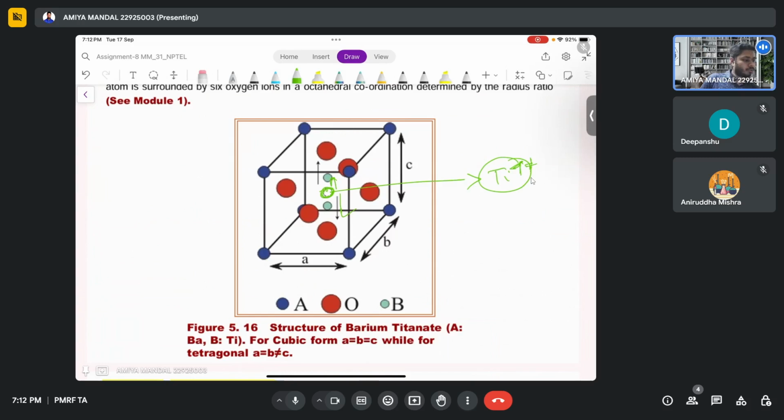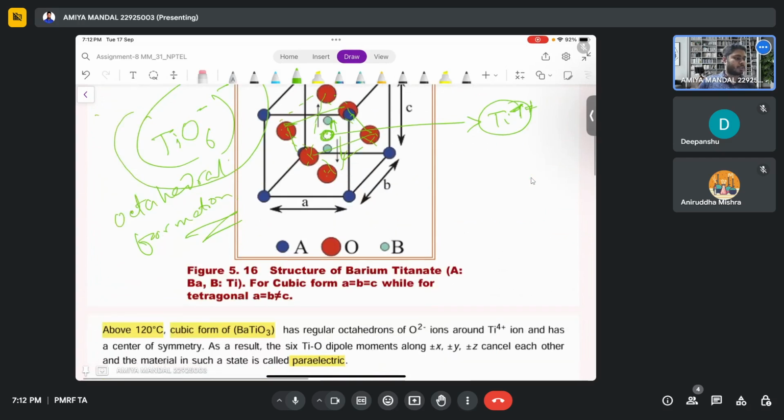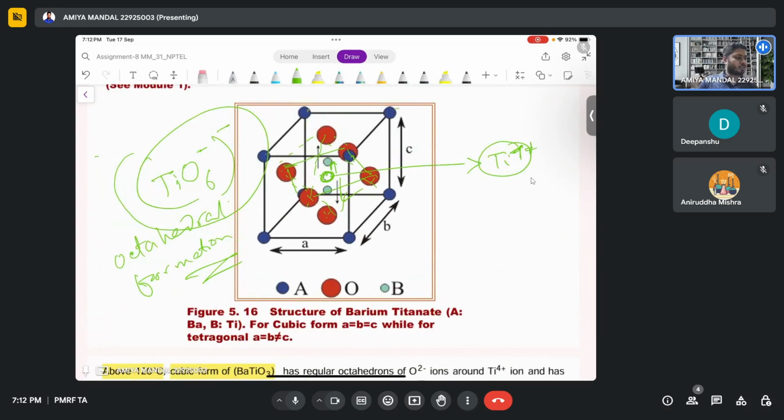So it mainly forms a tetragonal structure, with a TiO6 octahedral formation, where the A atoms are situated at each corner.